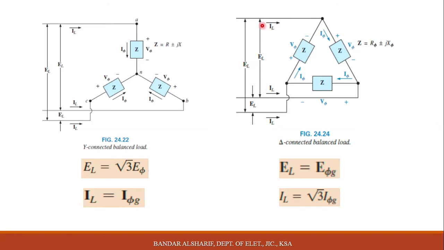You can see here the voltage line. From this line to this line, we consider voltage line 1, or A, equals voltage phase 1. Similarly, voltage line 2 with voltage phase 2. Why do we say the voltage line in delta connection equals the voltage phase?